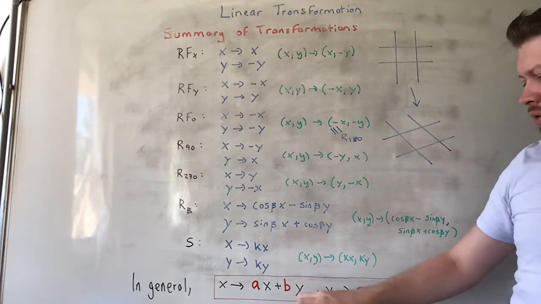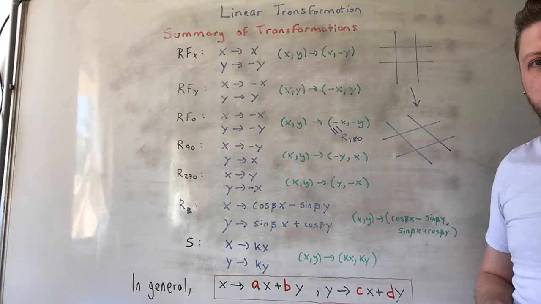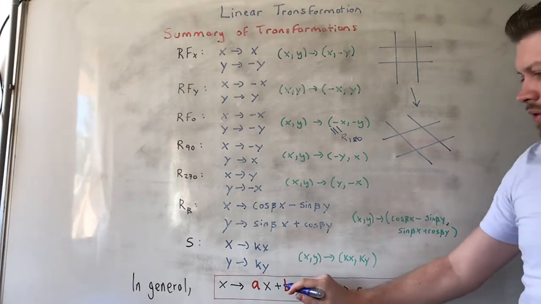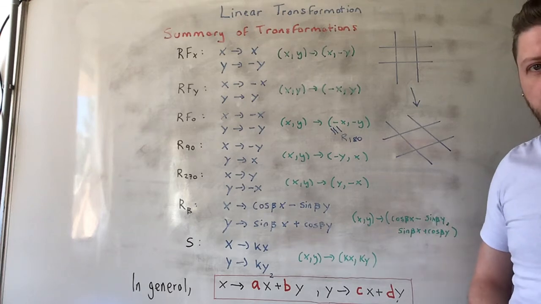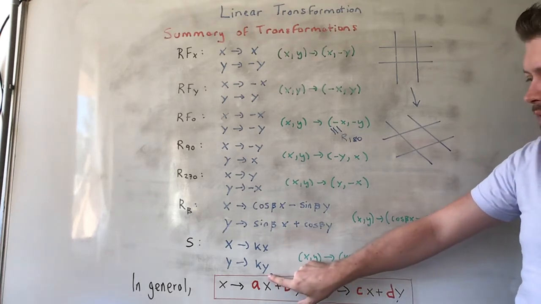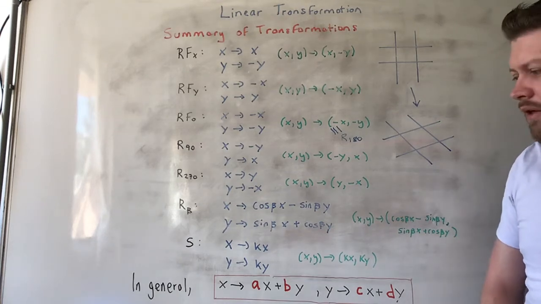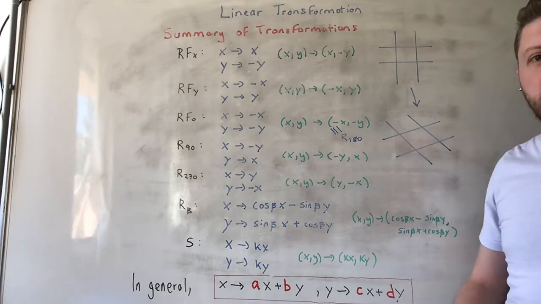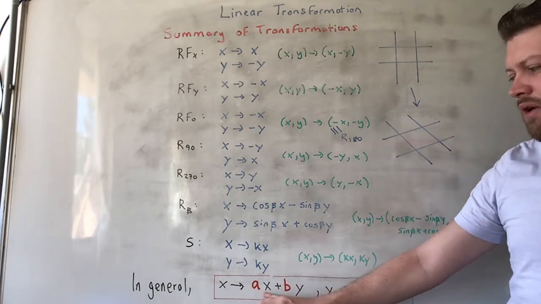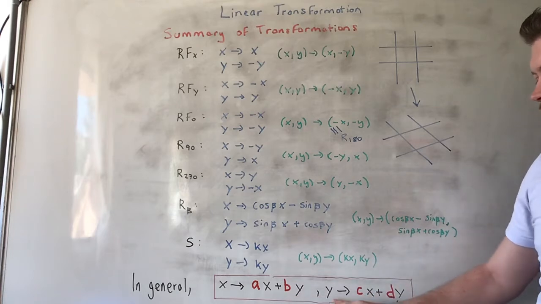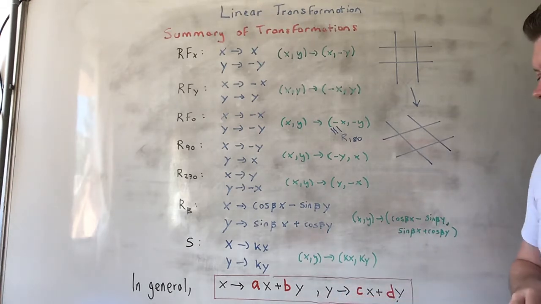The new coordinates involve only the original two coordinates, and there are no powers. So, for example, it's not ax squared or ax cubed. There are no strange functions involved like sine or log or anything. It's just a simple linear transformation. So x gets mapped to some linear combination of the original x and y, and y gets mapped to some linear combination of the original x and y.